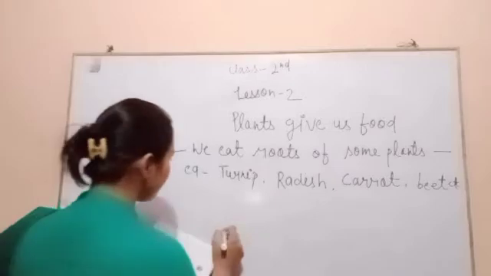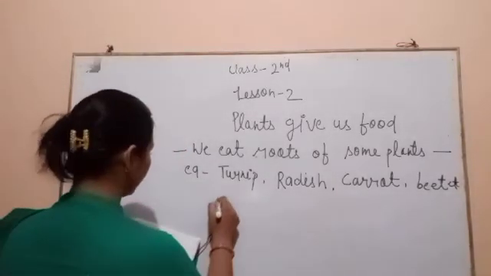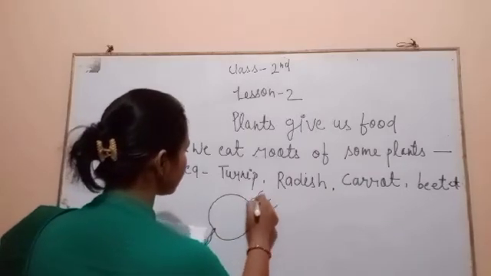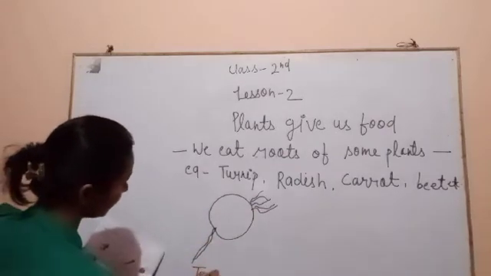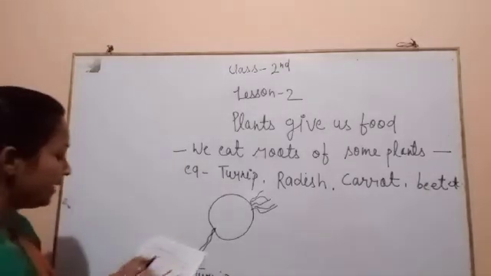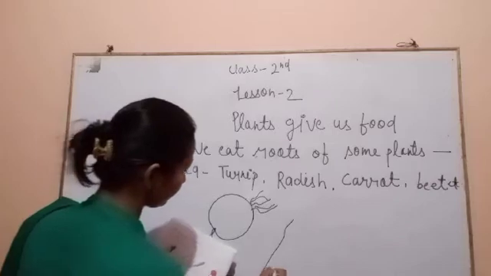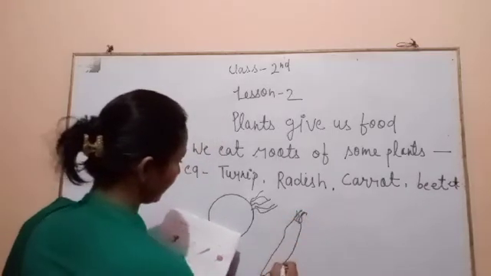I will draw the diagram. This is the turnip. You can see that in the turnip we are using the root part. Then I will draw the radish. This is the radish.